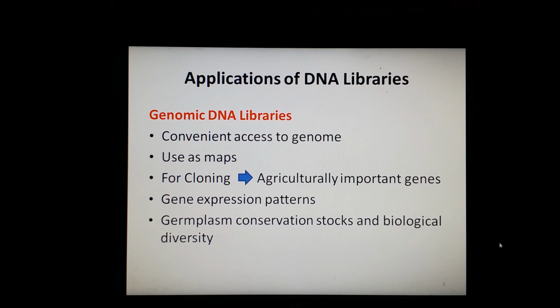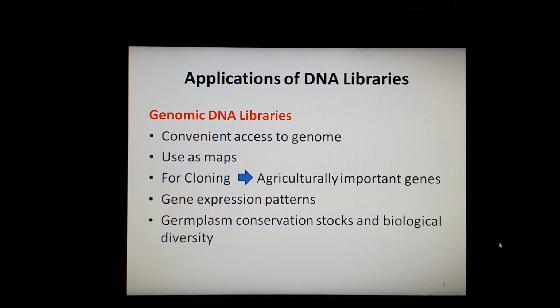To study an organism's genome efficiently, we can partition it into a permanent and stable collection of DNA fragments, and this collection is called a library, or more specifically a genomic library. Such libraries provide convenient access to a genome for both laboratory and breeding applications.